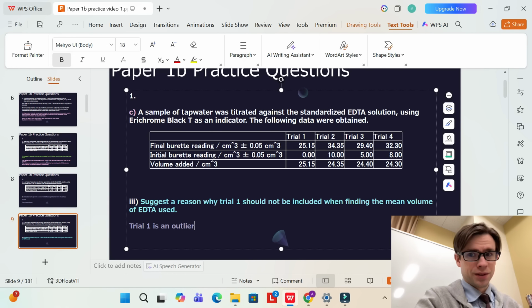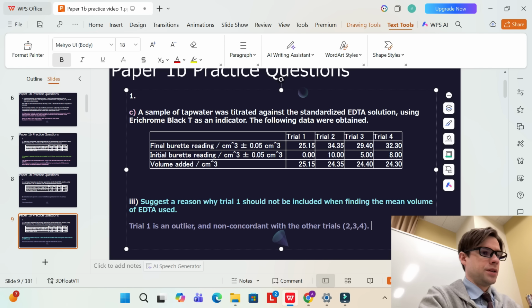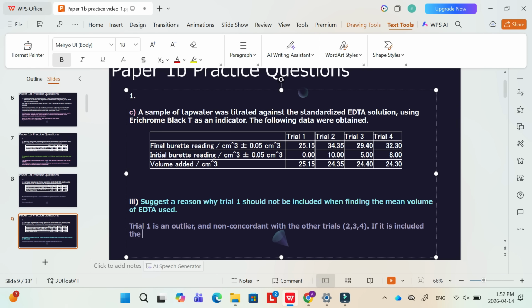so part 2 is kind of leading you into the answer to this. And non-concordant with the other trials 2, 3, 4. So if it is included, the average will be too high due to systematic error.